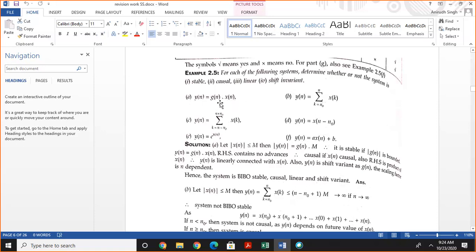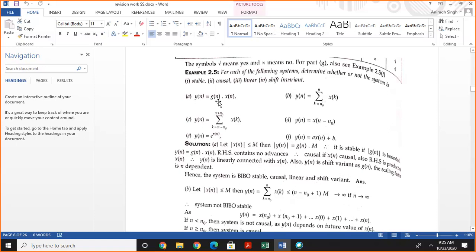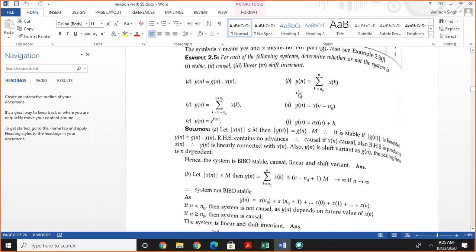It is causal, because the output depends only on the present input, and in a causal system the output depends upon present and past input. This is a linear system, but it is not time invariant, because this depends upon g of n, and g of n is dependent upon n.